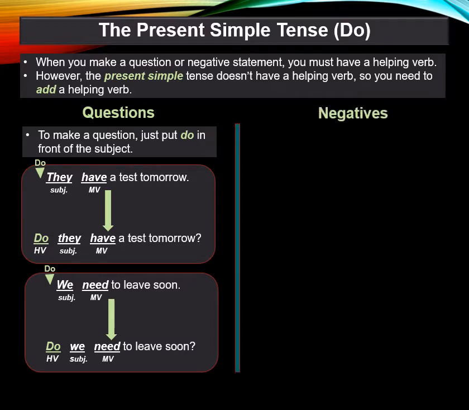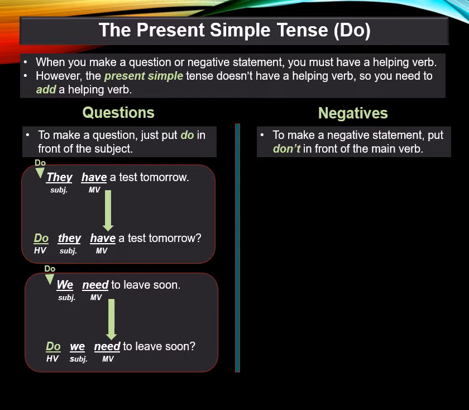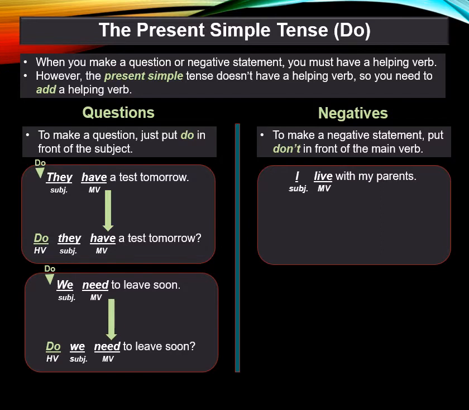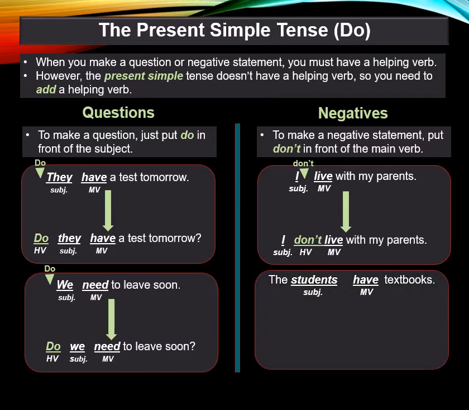And for a negative statement, put don't in front of the main verb. So, I live with my parents. Drop in don't: I don't live with my parents. Or the students have textbooks.